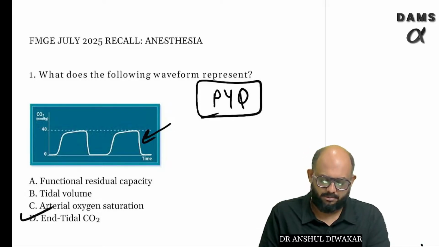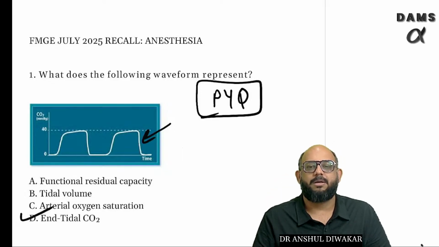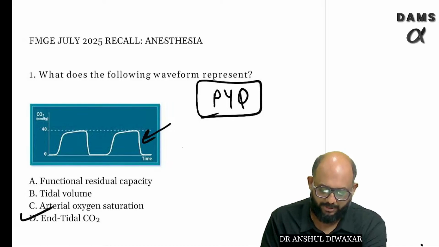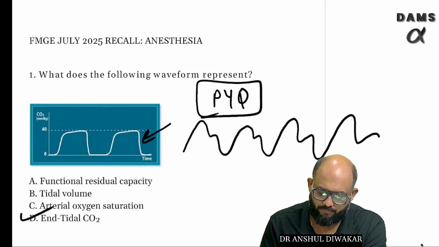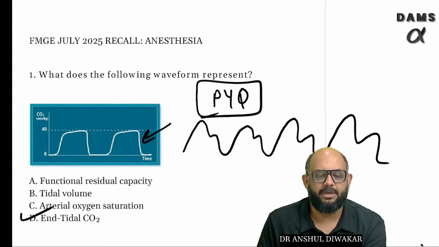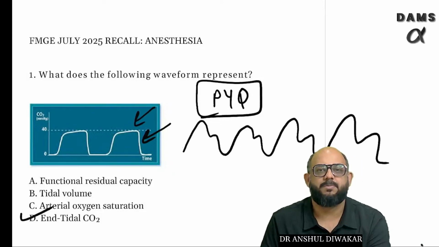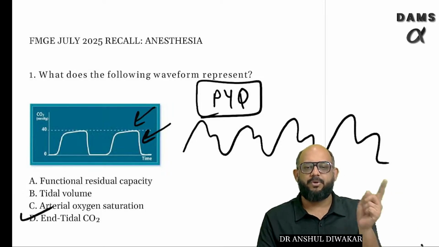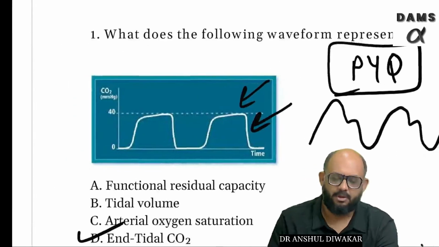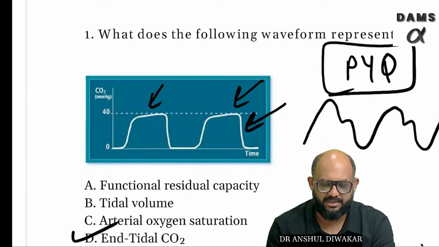Whatever it is, you know that it was pointing towards something that was a square wave, because you can get confused with pulse oximetry, but pulse oximetry would be like this, which will be pulsatile, and it would be related to the heart rate, while a capnograph would always be a square wave capnograph. And last year in the NEET exam, we got a question where they gave a square wave capnograph and pointed at this and asked what does this phase represent.